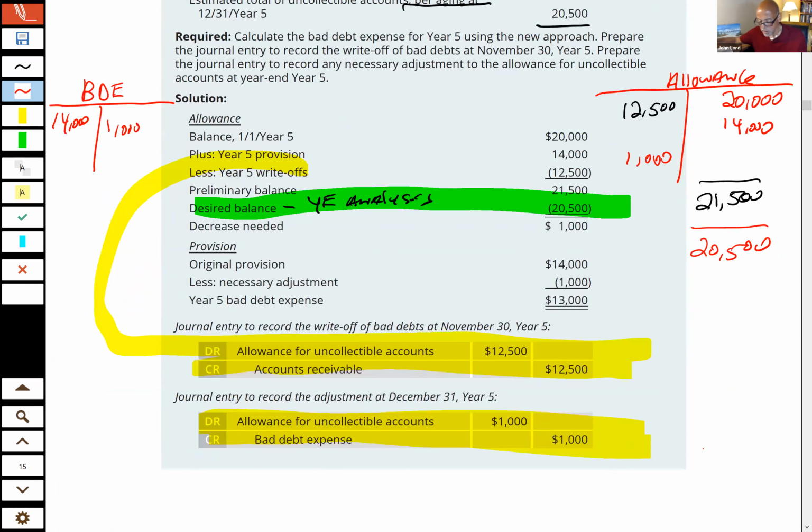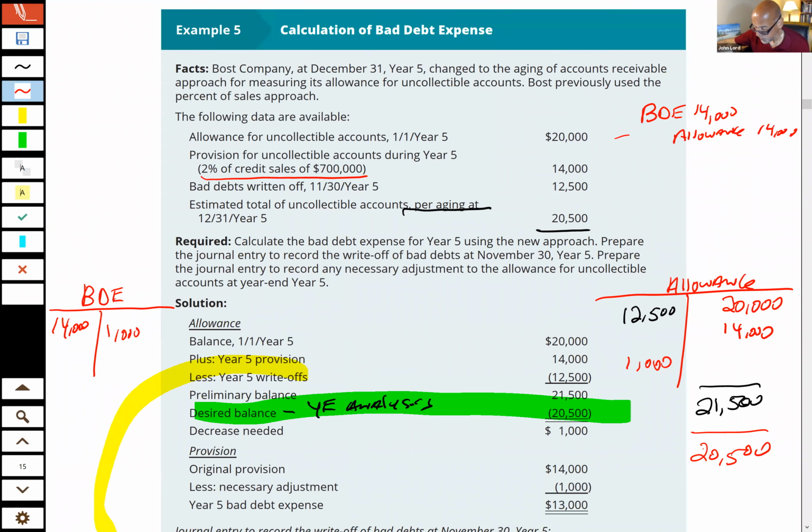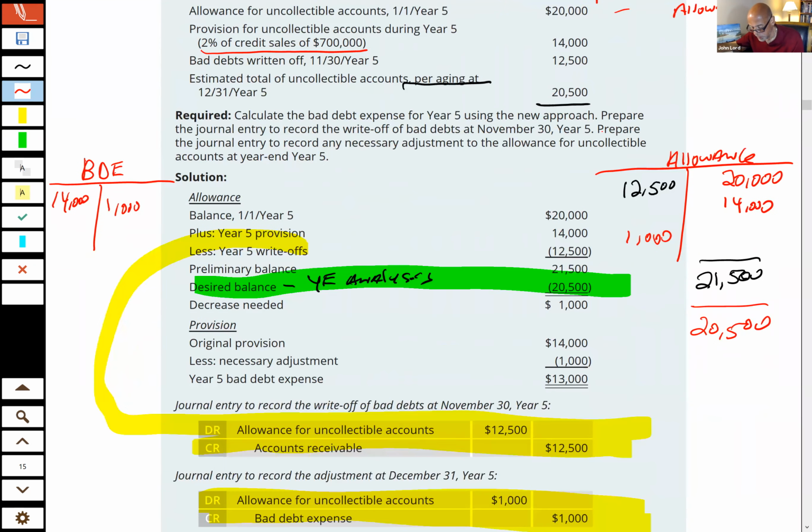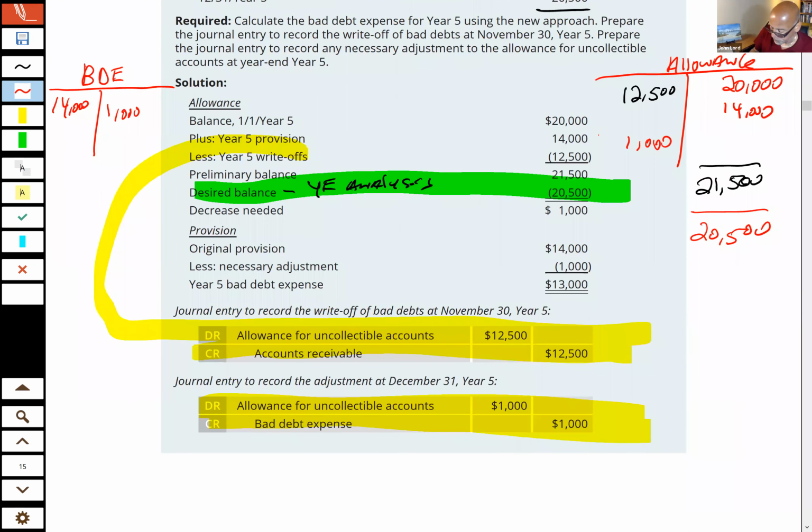flashcard the entry for setting up the bad debt expense, flashcard the entry for the write-off, flashcard the entry for reestablishing the receivable.